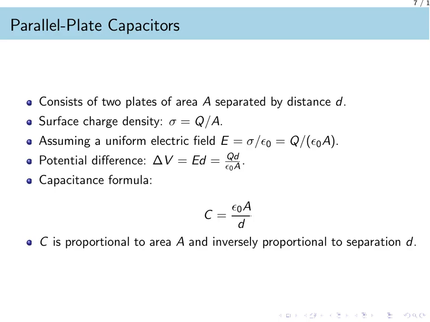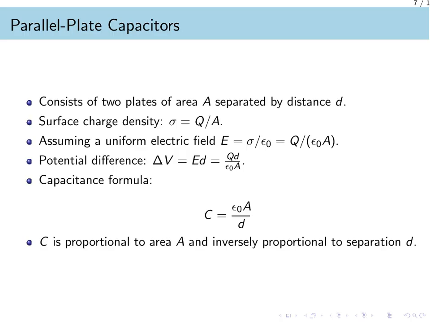Since the field is uniform, the potential difference ΔV is simply the electric field strength times the separation distance, d. By substituting these relationships into our primary capacitance formula, we derive that C equals ε₀ times the area A divided by the distance d.